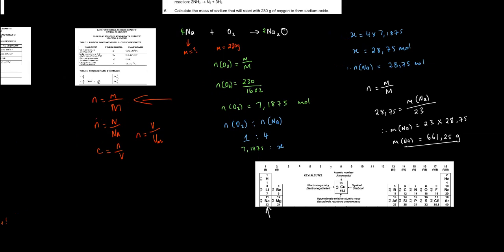I need you to master this section first. So it's all about making sure that whatever is given, you convert it to number of moles, then you use a molar ratio, then after that you answer the question, meaning you get the one that they were looking for.